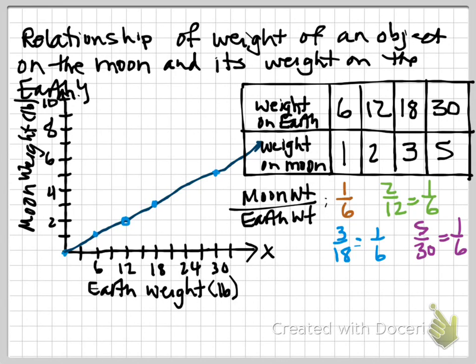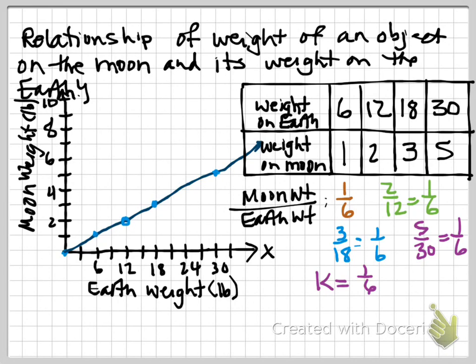So two things. We're proving that the rate is constant. We're always getting 1/6. And we're also discovering what the k value is, what that constant of proportionality is. It's 1/6. So now if I ask you to come up with the equation, what do I multiply 1/6 by?